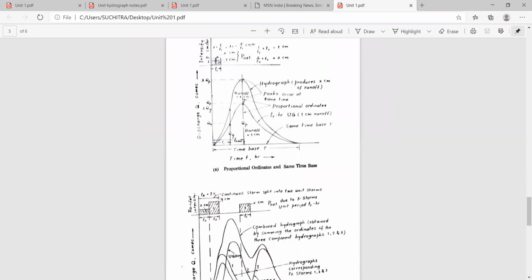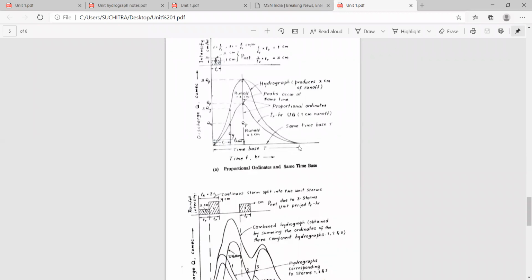Now you can see the figure here, the proportional ordinates at the same time base. Here you have unit hydrographs which have resulted from 2 unit storms. This is the time base, or the base width, of the unit hydrograph.